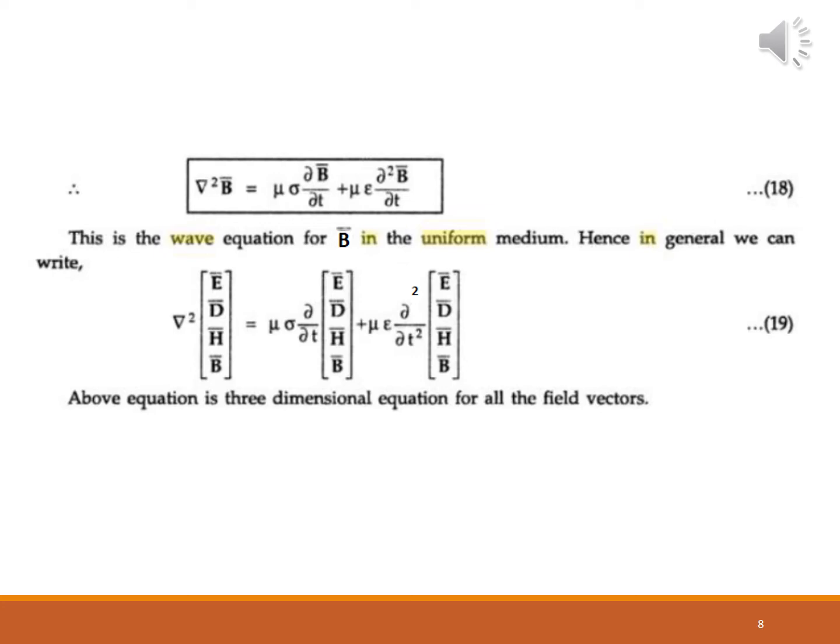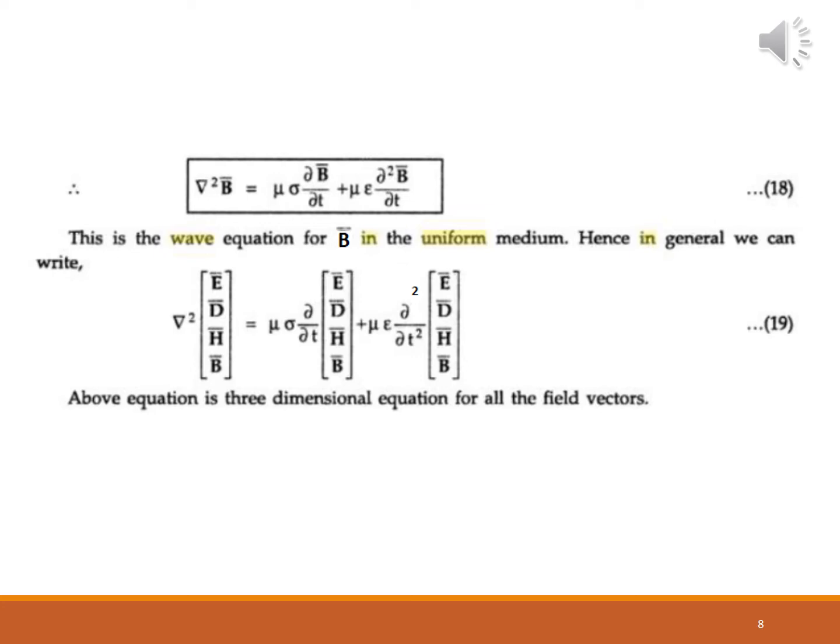So now what you understand is that we've actually derived 4 wave equations: the wave equation in terms of E, D, B and H. These 4 equations are written in the form of field vector 3D equations, and equation 19 summarizes them. What does this equation represent?